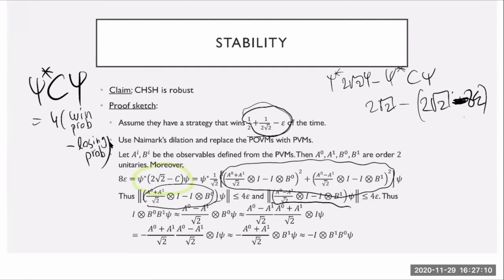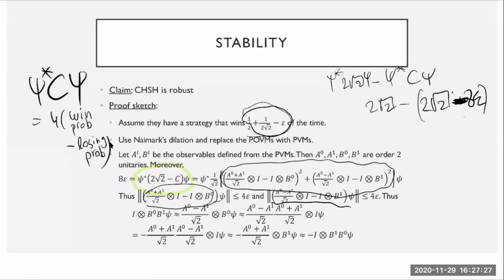Okay, so this is a conclusion from this discussion. This is just some conclusion, but let me show you now how you can deduce from that B0 and B1 almost anti-commute. And we need to say, what do we mean by almost anti-commute?